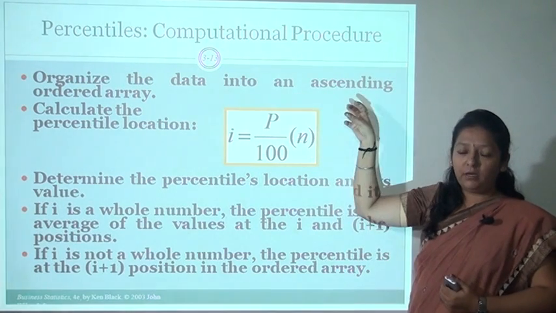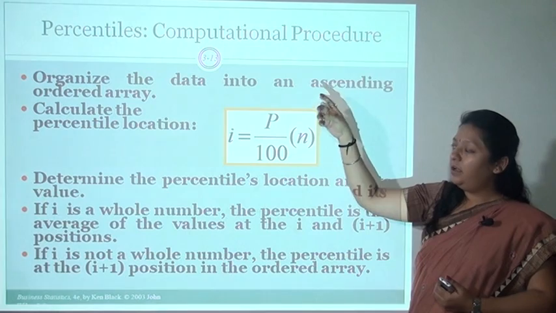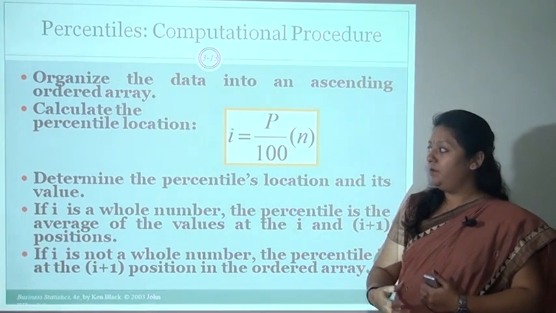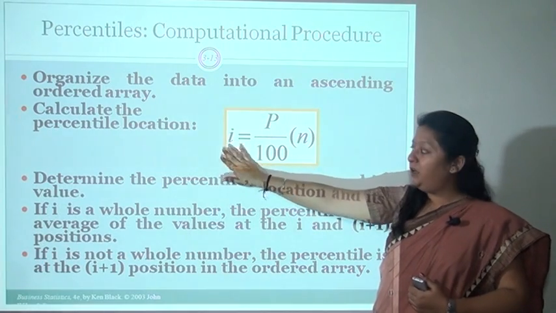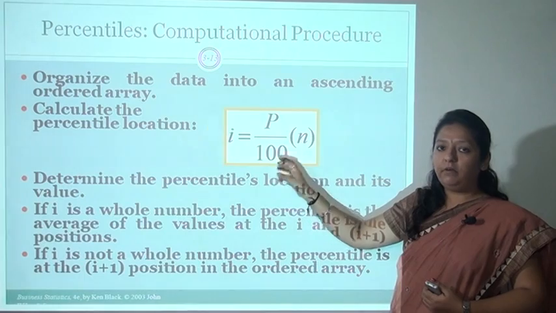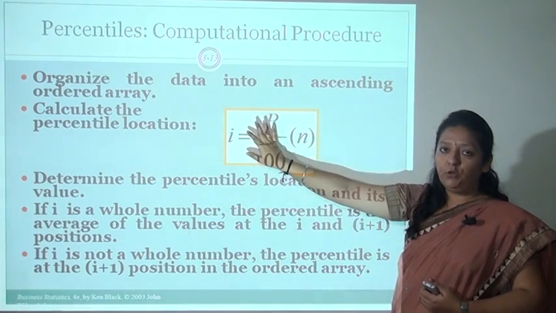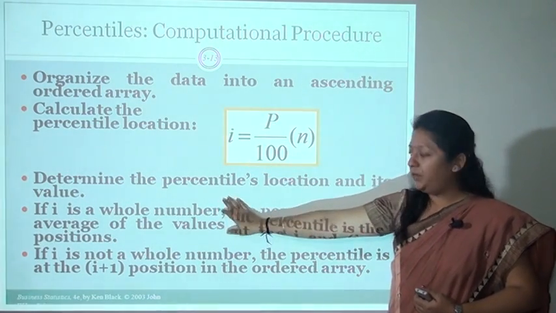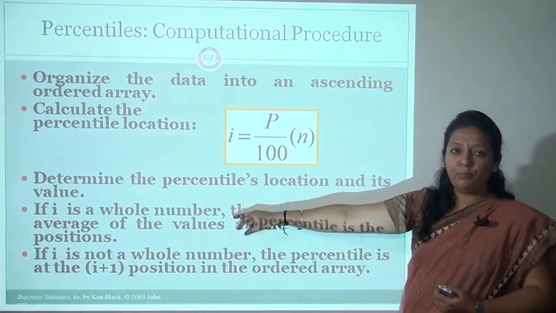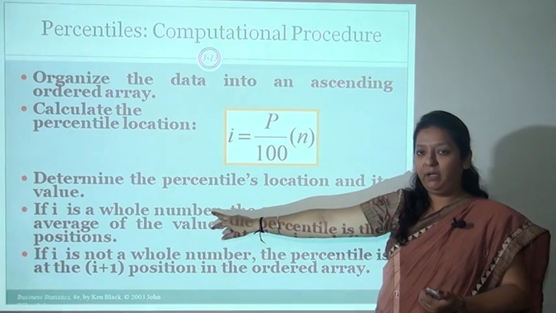First, you will have to organize the data into an ordered array, as we have done for the calculation of the median. Now calculate the percentile using the formula: i equals p divided by 100 into n. Determine the percentile's location and its value, the same things we performed to calculate the median.